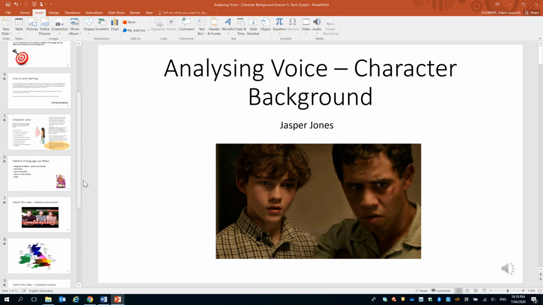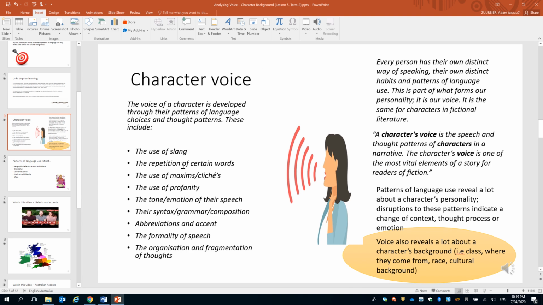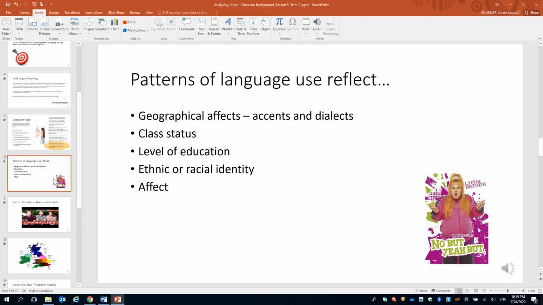Today we've been looking at analysing voice and the links of character voice to character background. You have been through this PowerPoint presentation where I have explained the links between character voice and the different components of character voice and what they reveal about a character's background, such as their class, their level of education, and the effects of geography on their patterns of language use, also their ethnic, racial identity and effect as well.